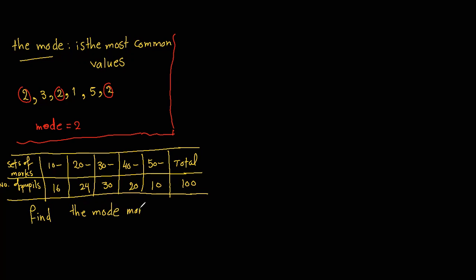So we want to find the mode mark for these pupils. We want to draw this on a histogram. So we have the histogram like this.